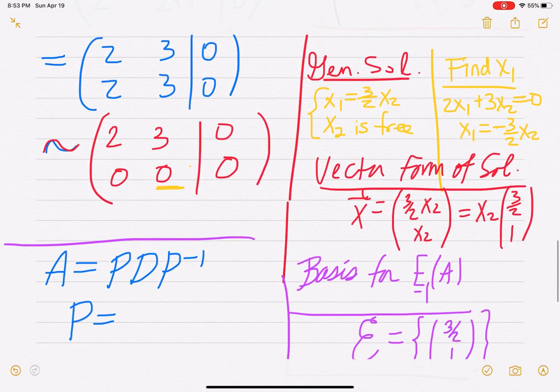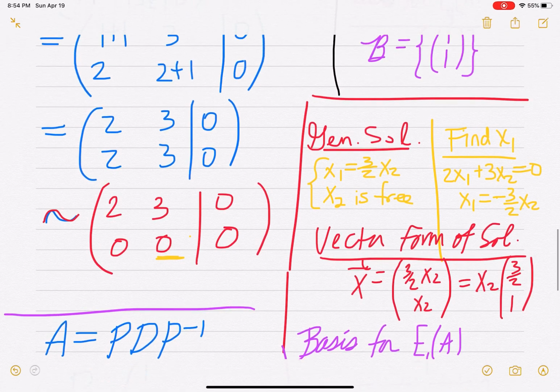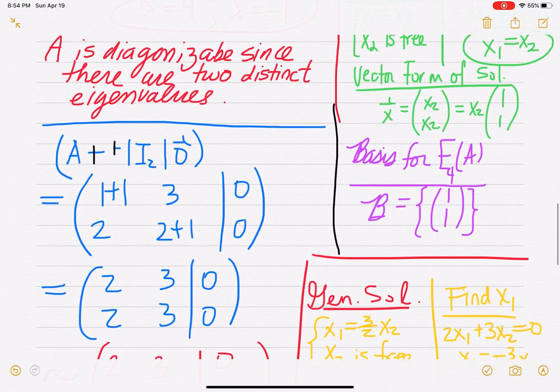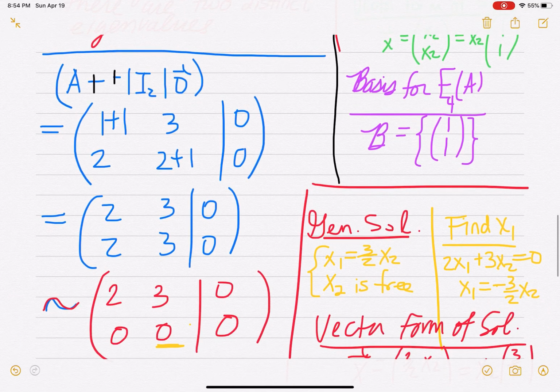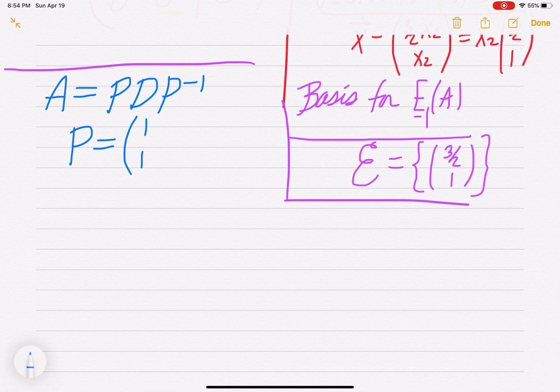So we have 1, 1, the basis for the first eigenspace, and for the second eigenspace you have 3/2 and 1.